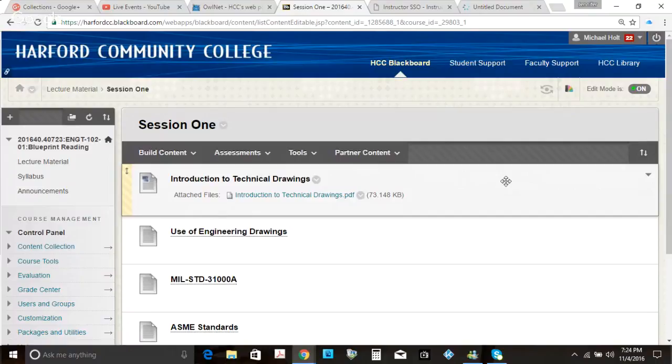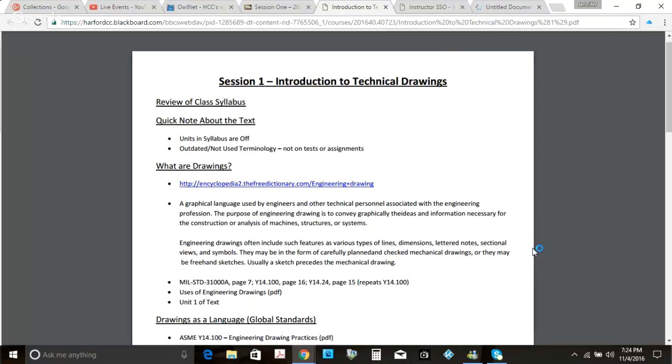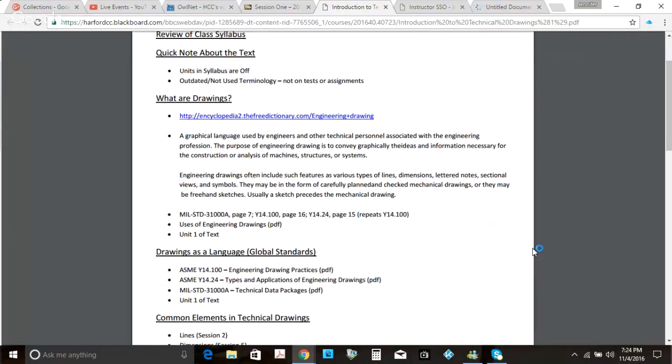I want you guys to understand what the purpose of an engineering or a technical drawing is. Very first time we got together, we went over that in the session 1 outline. What are drawings?